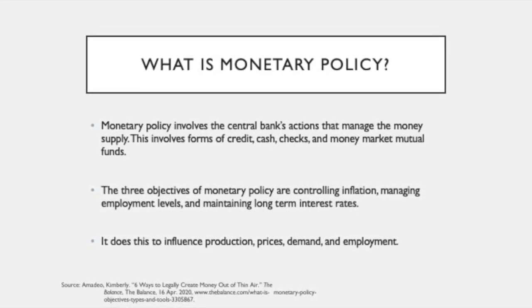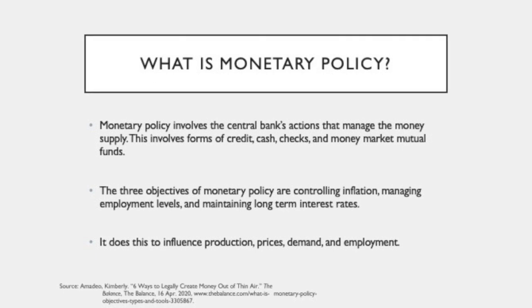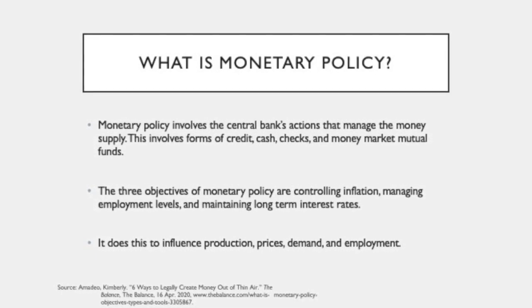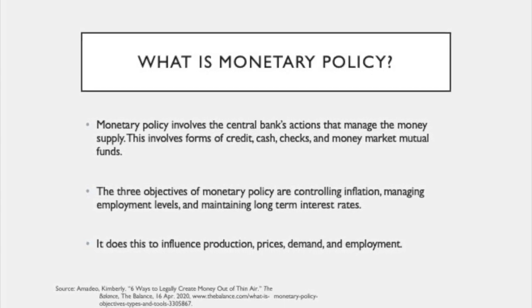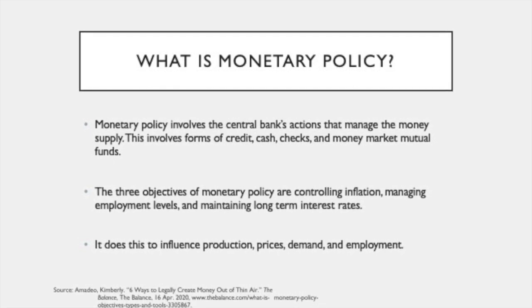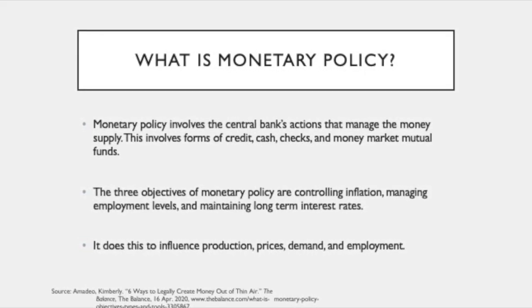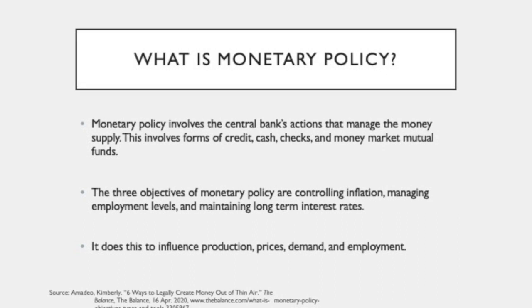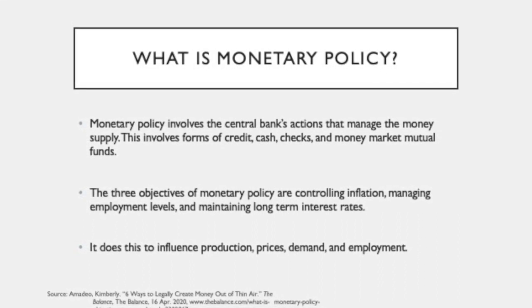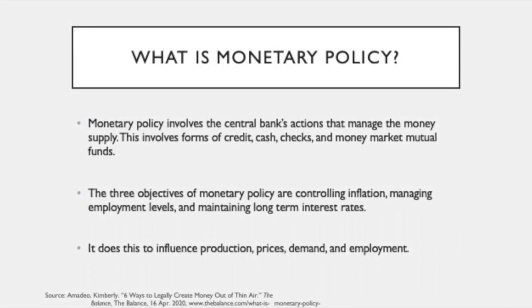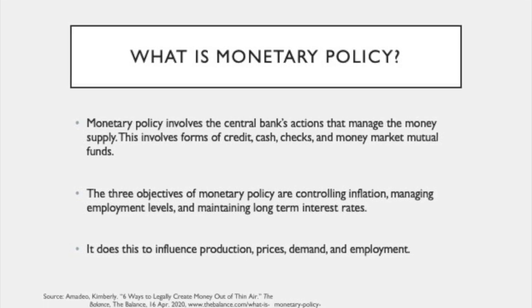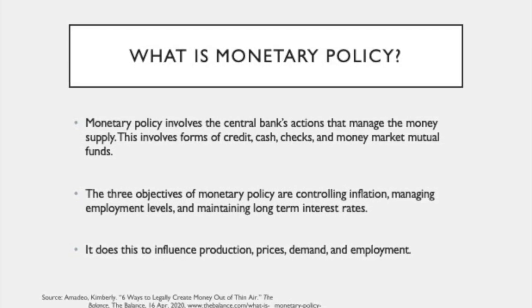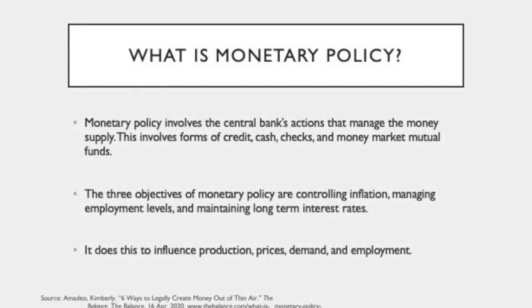The main three objectives of monetary policy are controlling inflation, which you want to keep around 2%, managing employment levels, which you don't want to be too low, and maintaining long-term interest rates. The reason the Federal Reserve does this is because they want to influence production, prices, demand, and employment so that they all work together and create a strong, growing economy that's good for the consumers.